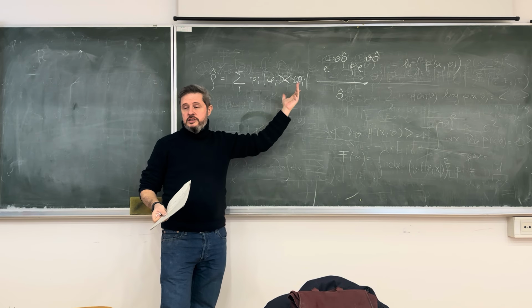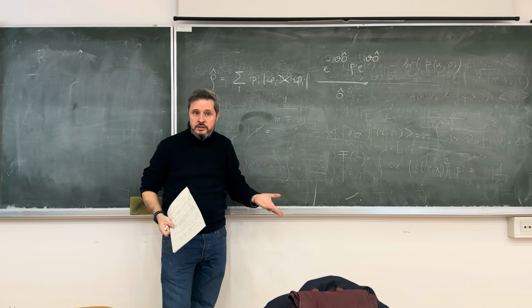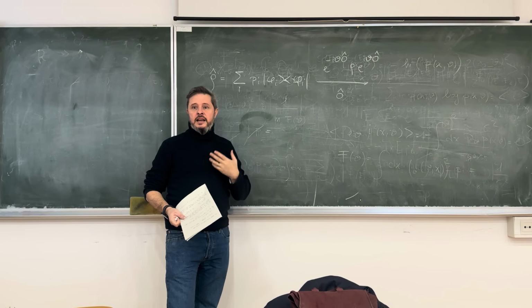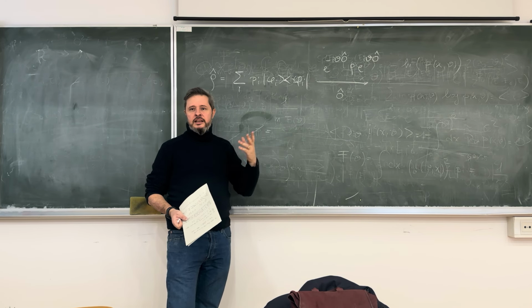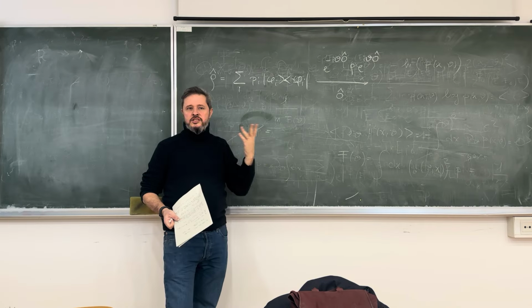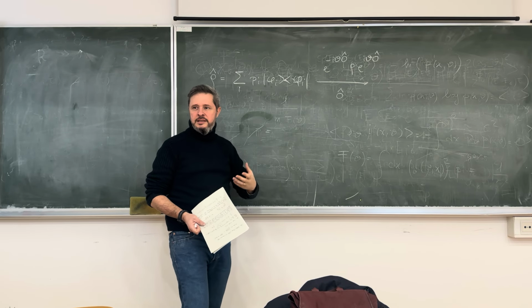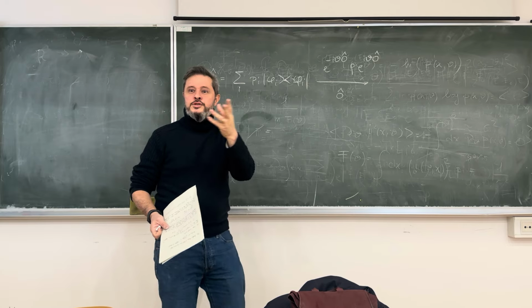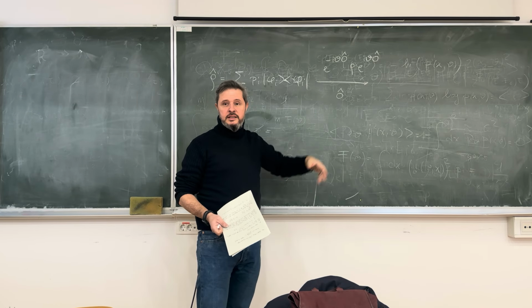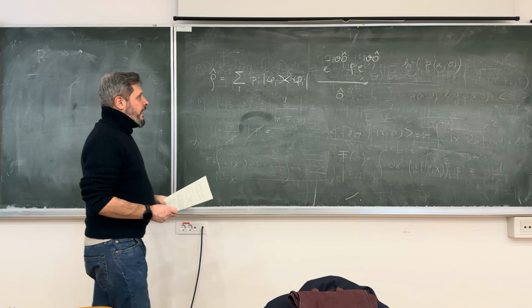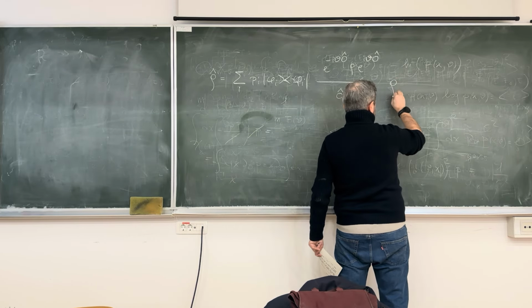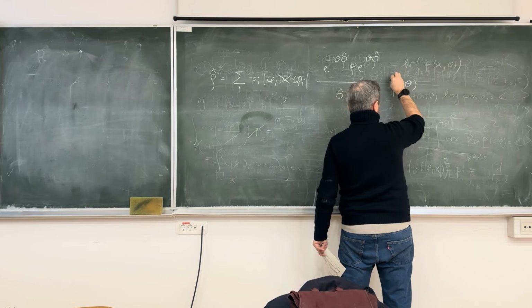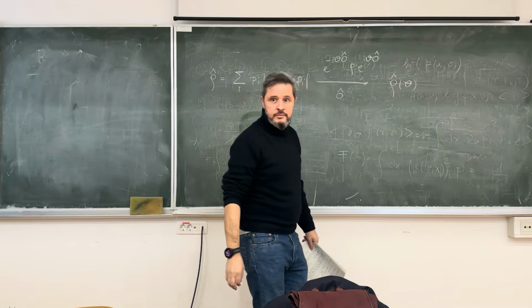Translations are represented this way, rotations are represented this way. Anything that is generated by some observable, from any unitary operator, could be represented in this form. And now, doing so, I will generate a density matrix rho of theta.